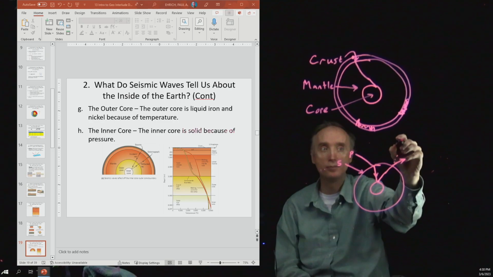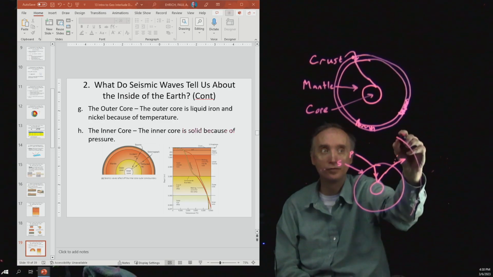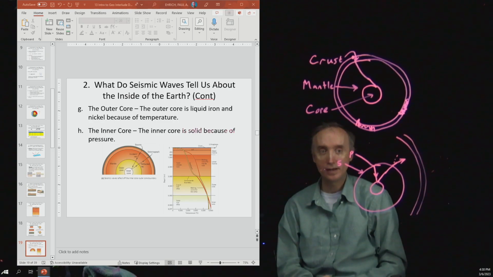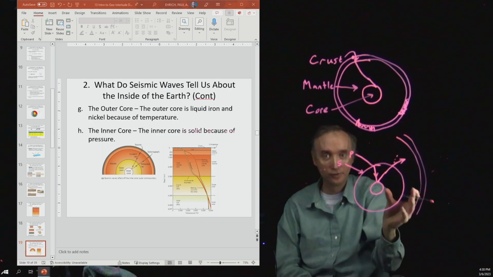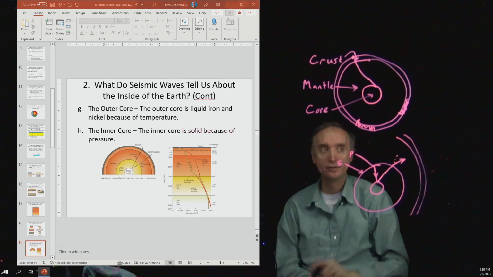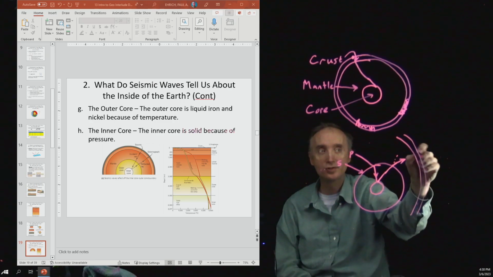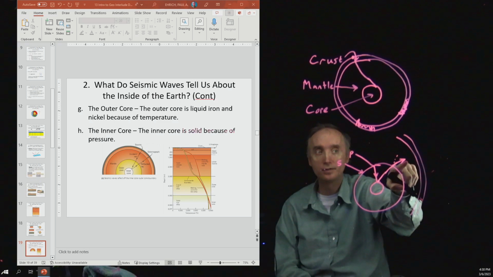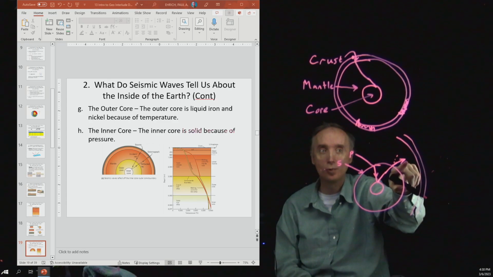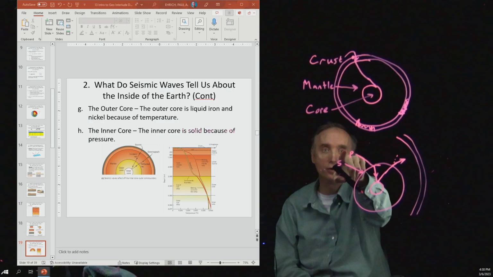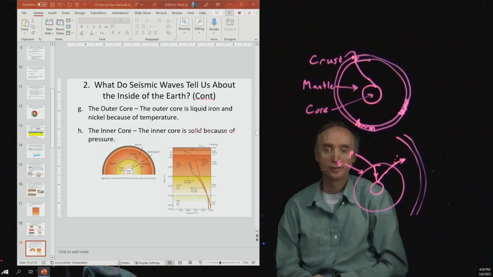and then it's going to come back to the surface, so it still has to travel through the mantle, and it's going to curve as it travels through the mantle, and then it's going to get into the crust. But eventually, if you put your seismic station up here, you're going to get this wave that originated way over here on this side of the Earth.